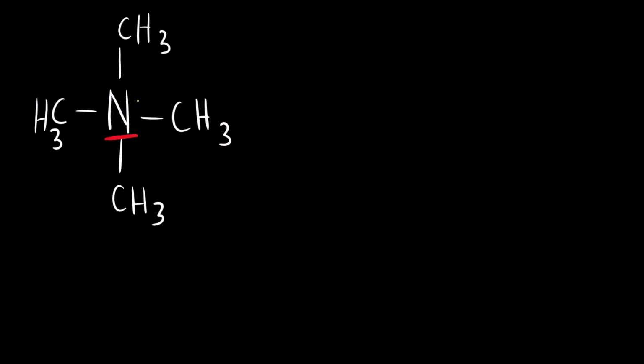Let us see for this nitrogen. Nitrogen, how many valence electrons? 5 minus how many bonding electrons? 1, 2, 3, 4, 5, 6, 7 and 8. So 8 bonding electrons divided by 2 minus how many lone pairs? 0.